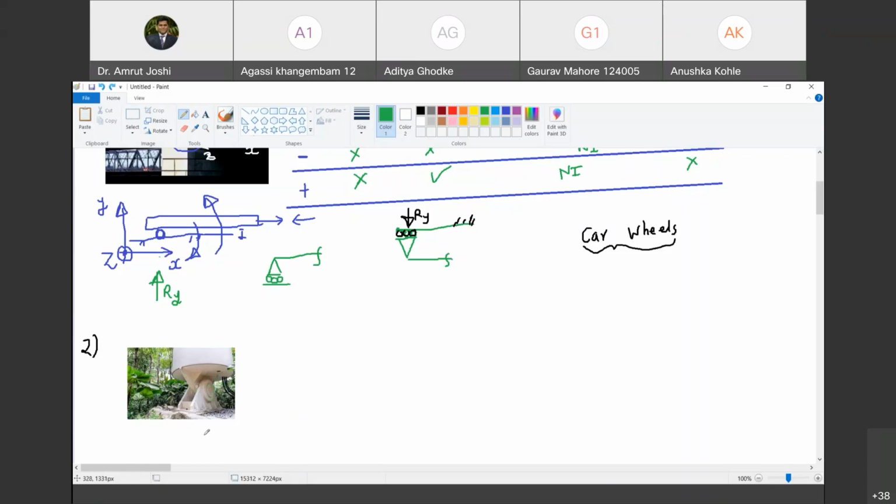Now, we are going to repeat the same exercise. Let me call this direction X. Happy? Yes, sir. This is X. Let me call this vertical direction Y. Are you with me?